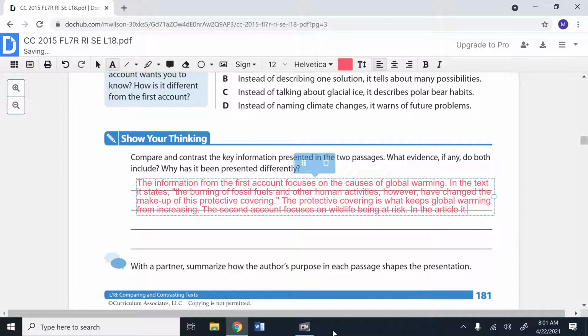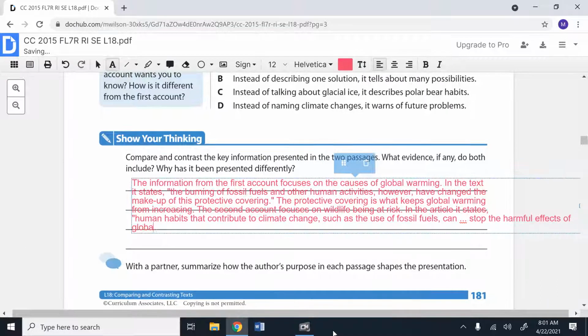In the article, it states, human habits that contribute to climate change, such as the use of fossil fuels, can stop the harmful effects of global warming on wildlife. And let me really quick put an answer here.